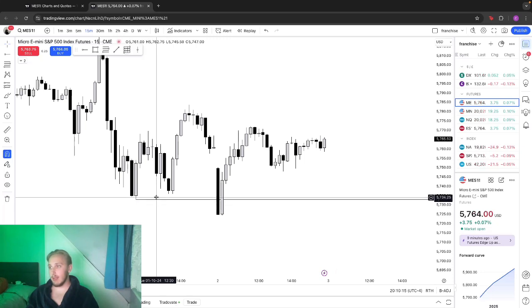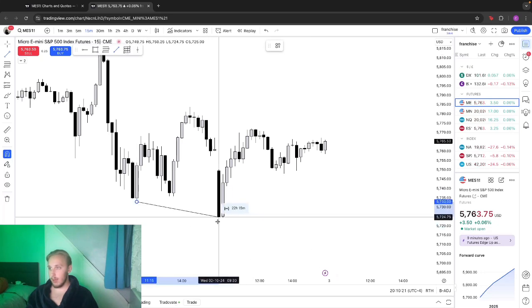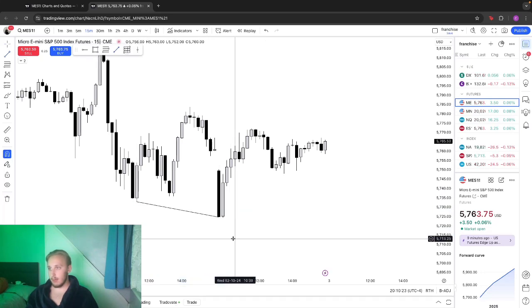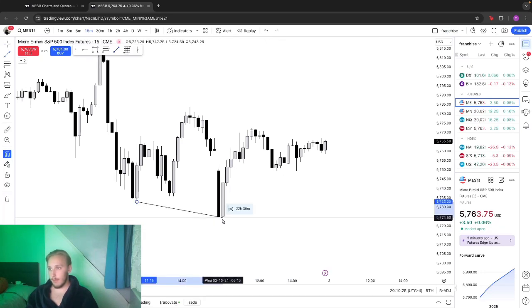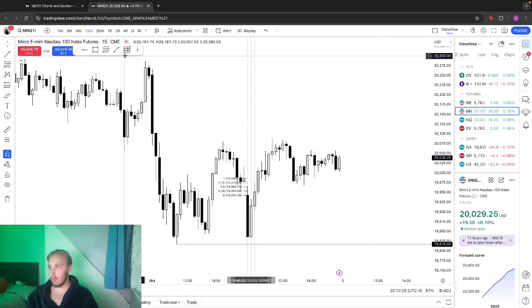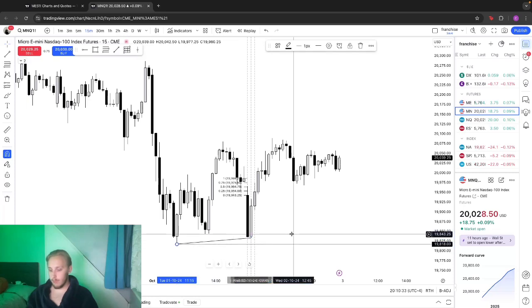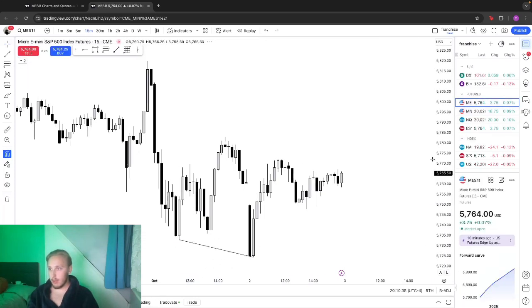Anyways, we get SMT here. So with the buy side, sell side 11.15, we take that out. And then MNQ 11.15, we do not take that out.